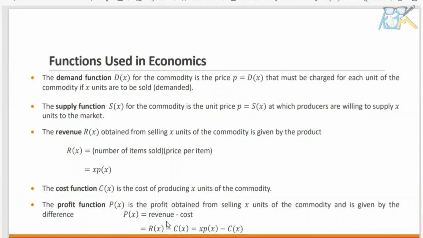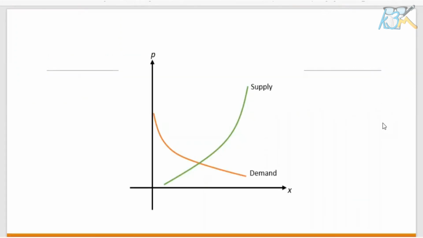So our profit is equal to R of x minus the cost function C of x, and R of x is equal to x times p of x. Generally speaking, the higher the unit price, the fewer the number of units demanded, and vice versa.